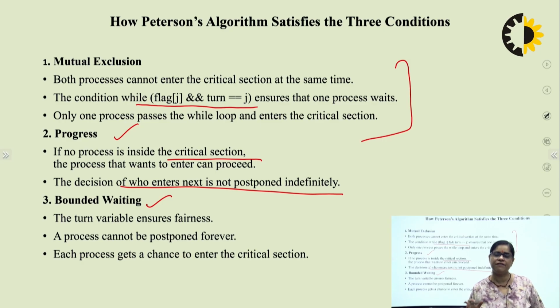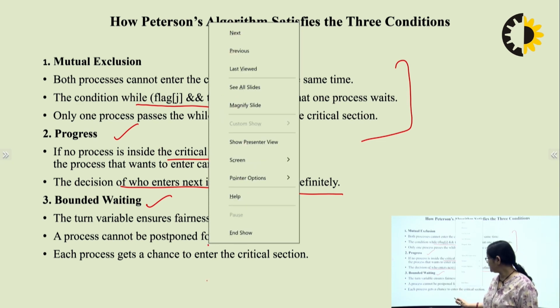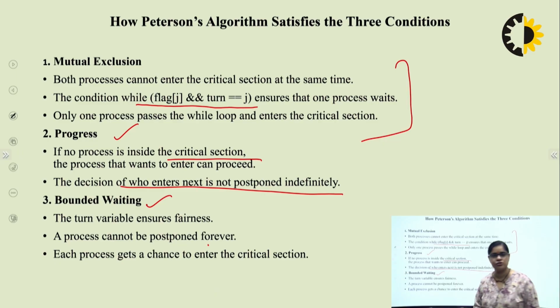That is, each and every process is going to get equal time, right? So a process cannot be postponed forever, and each process gets a chance to enter the critical section. This is how we see that Peterson's algorithm is satisfying these 3 conditions, so we can solve the problem of the critical section.